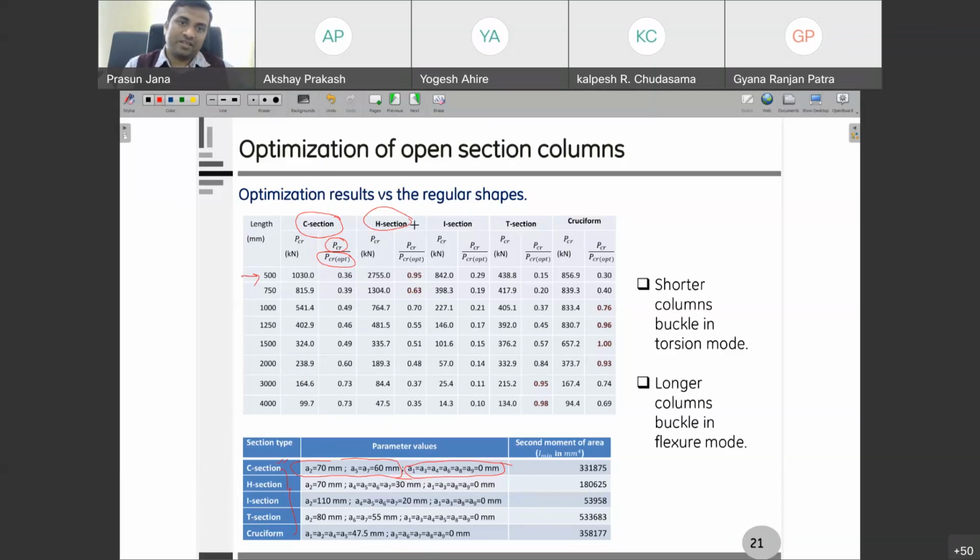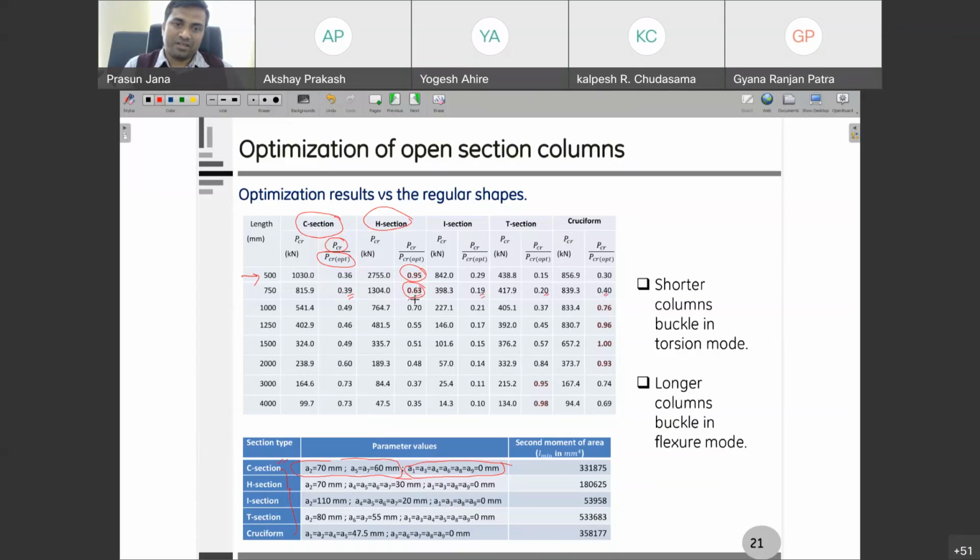For the H section, the ratio is 0.95, and then it reduces to 0.63. Here you can see the C section is 0.39, H section is 0.63, then this is 0.19, this is 0.2, and this is 0.4.